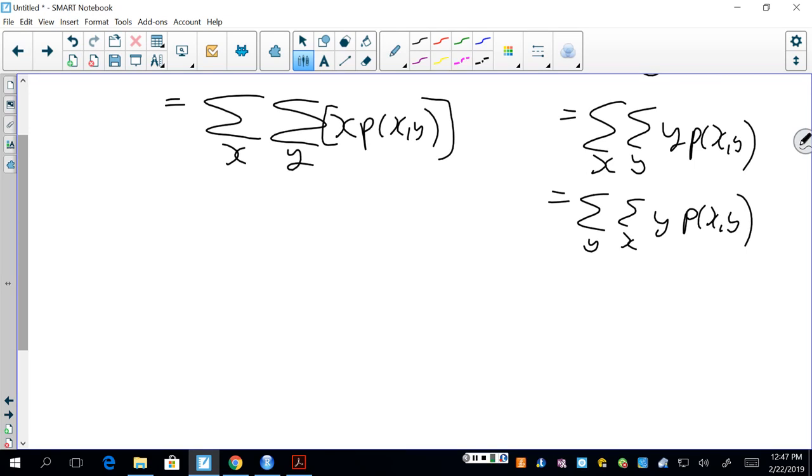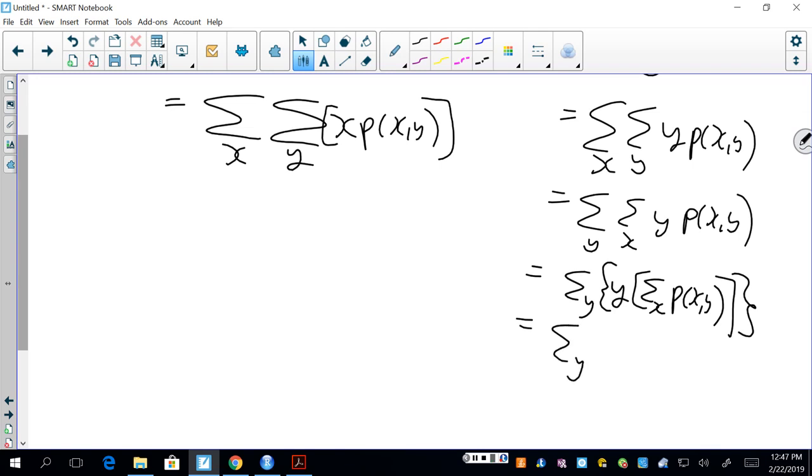You get a y value. X can go 1 through 3, but y is whatever it is. So if you pull y outside of this, you get a sum over x of the probability of x and y. This sum of the joint probabilities over x, kind of adding over that column, was just the probability of y.